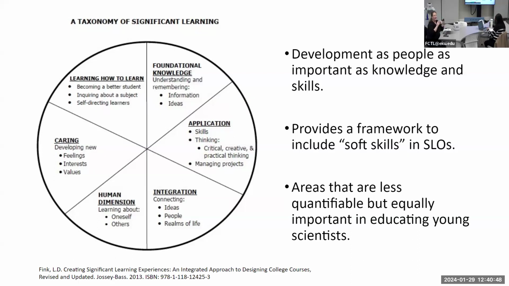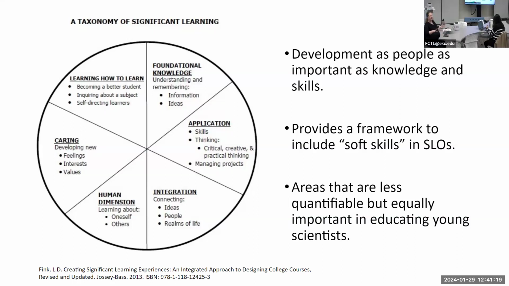Though that is actually a huge piece of how I've built my class, to develop some of these people skills of interaction with each other, of having good discussion where you can disagree and then find the correct answer or come to a conclusion still. And so I like this framework in that it does include some of these other areas that are important, but may not be formalized into our learning objectives that we have.